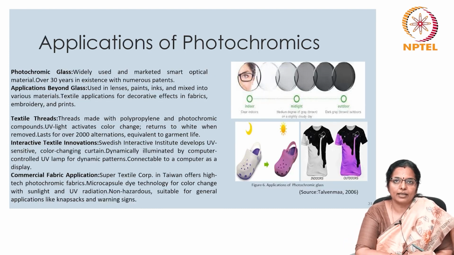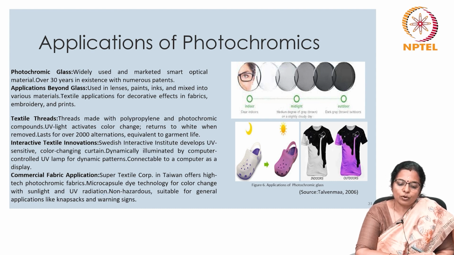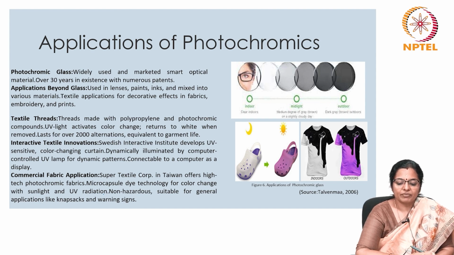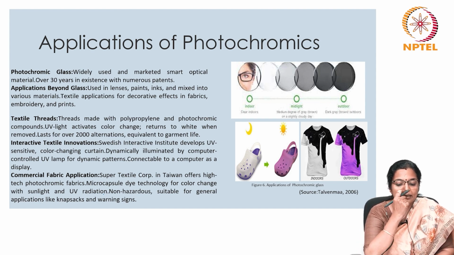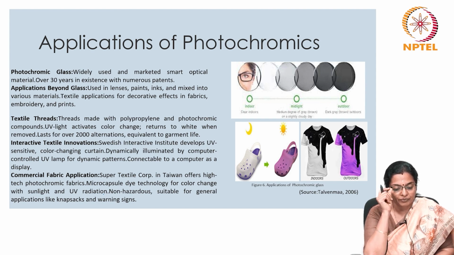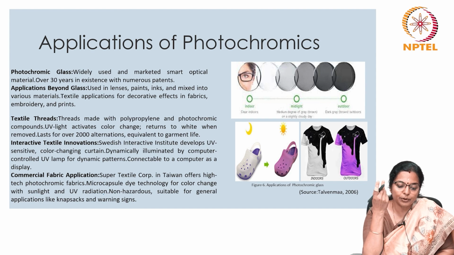Let us now look at the applications. So, photochromic glass is widely used and marketed as smart optical material. Over 30 years of existence, it has numerous patents too. So, its application is beyond glass.